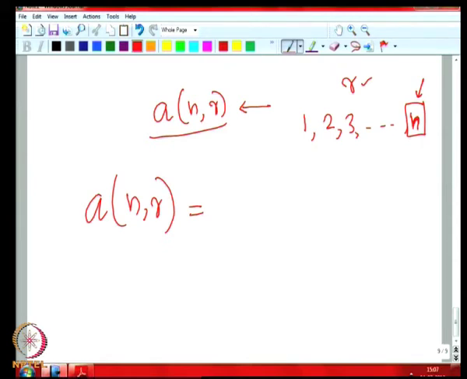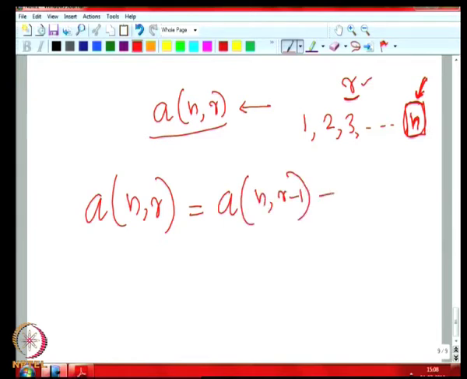Repetitions are allowed, so the object does not disappear because I took it once; it is again available. So once we decide to take n, we only have to take r minus 1 more objects, but all the n objects are available. So, that is A of n comma r minus 1.